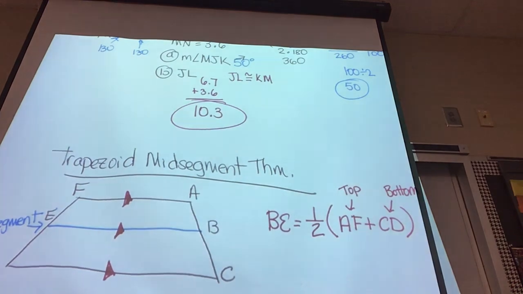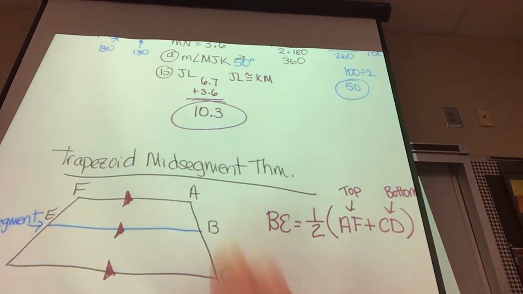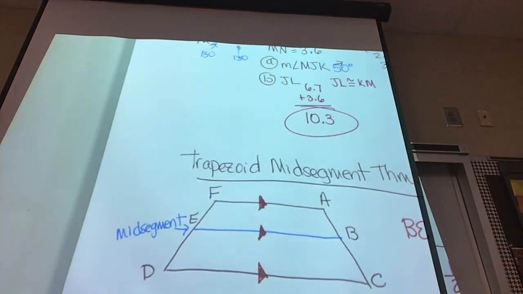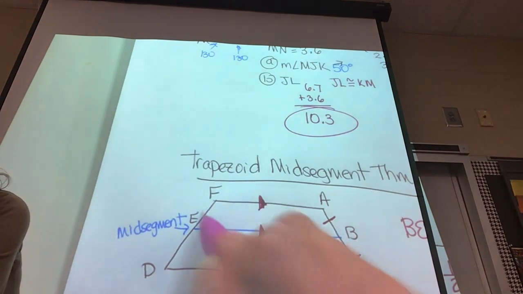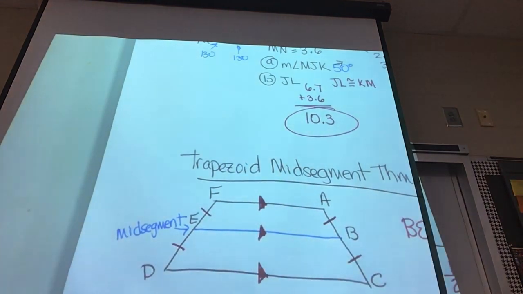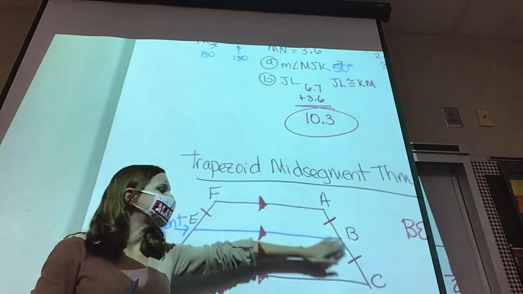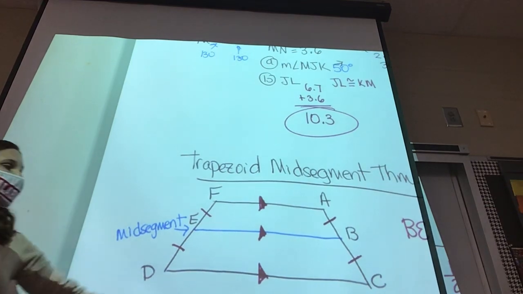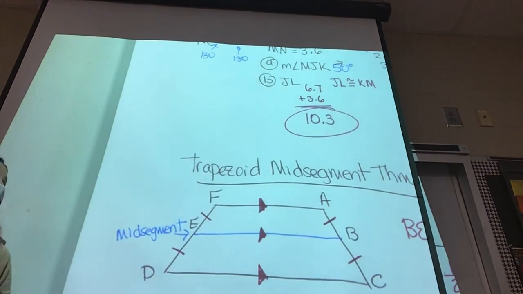Now, at the same time, this mid-segment in your picture is going to cut these sides in half. So this piece is now congruent to this piece over here, because it is the midpoint now. It has cut this piece in half, and it has cut this piece in half.